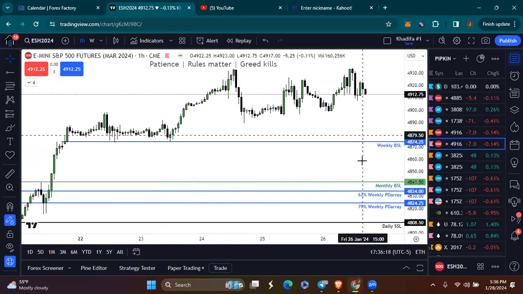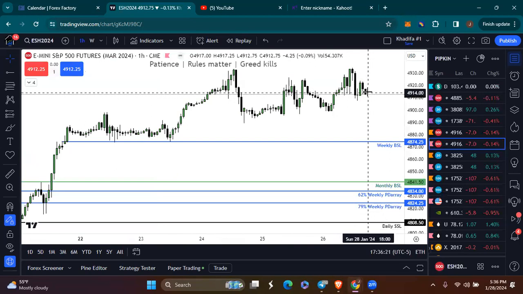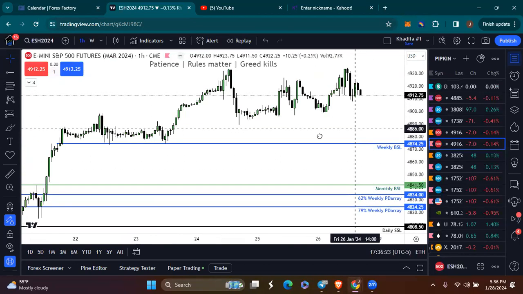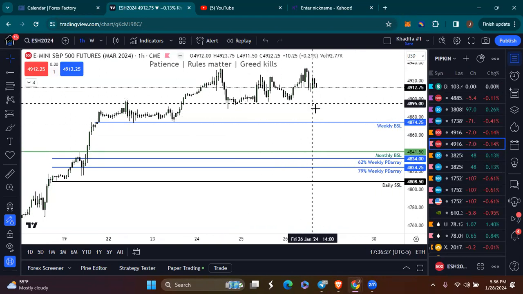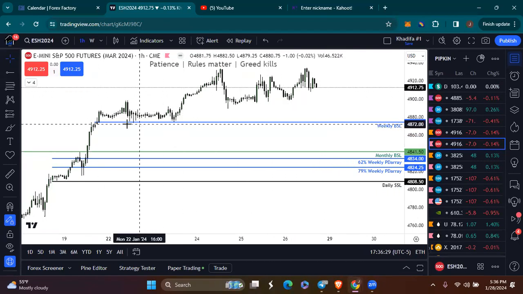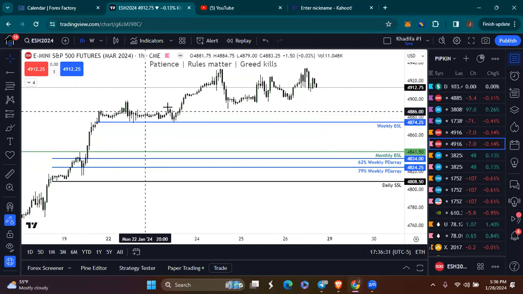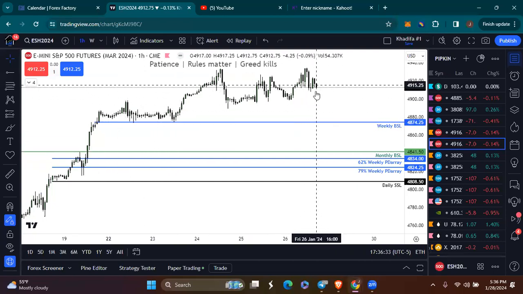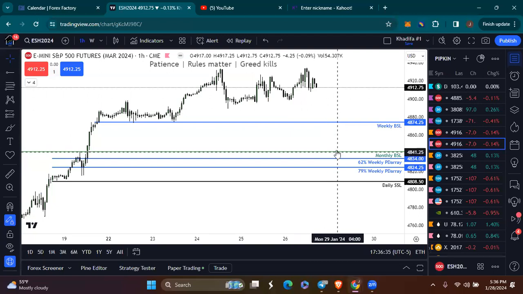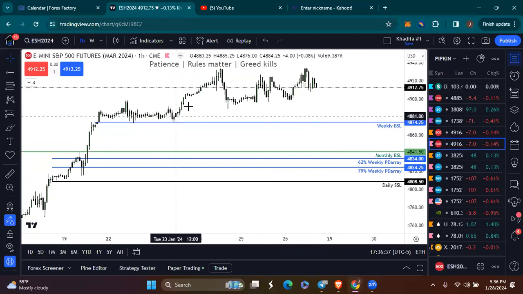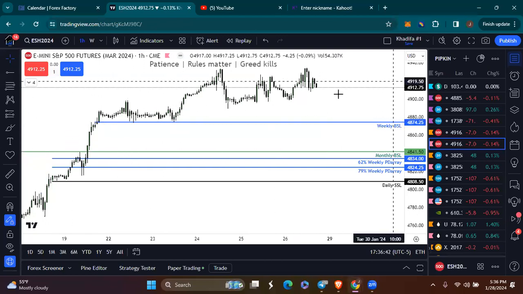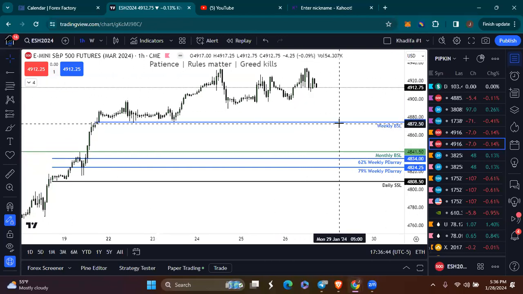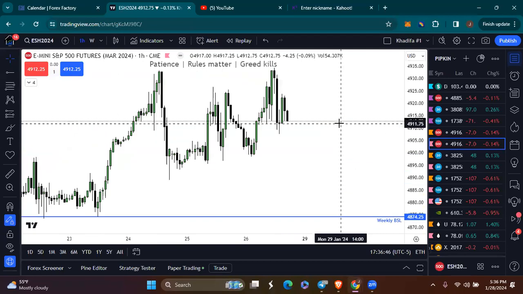We would need to see a change in the delivery of price, change in structure, should I say, right? See us break below this swing low, these equal lows, and come back up and use this weekly buy side liquidity as resistance.